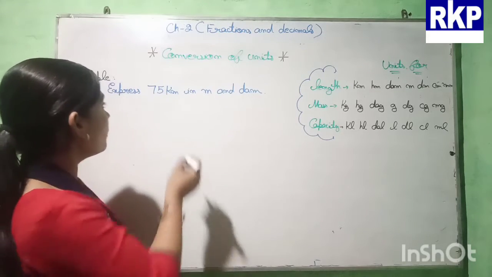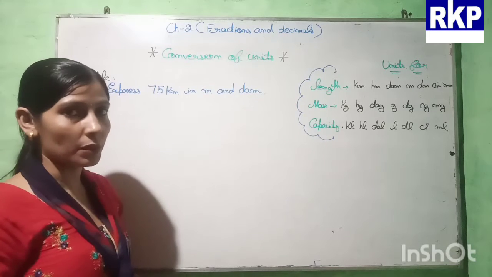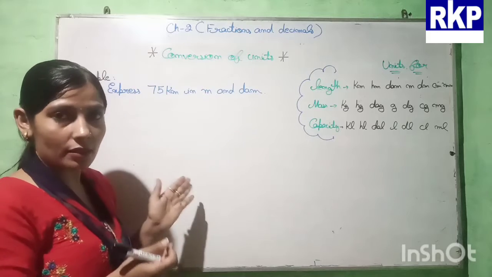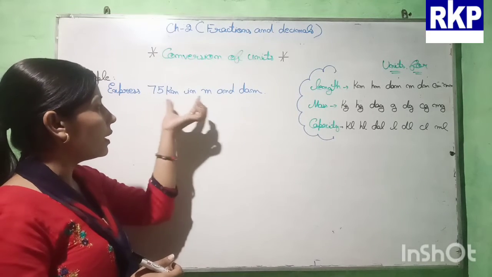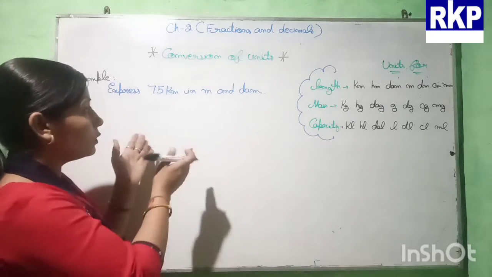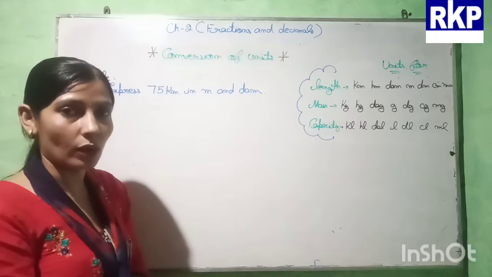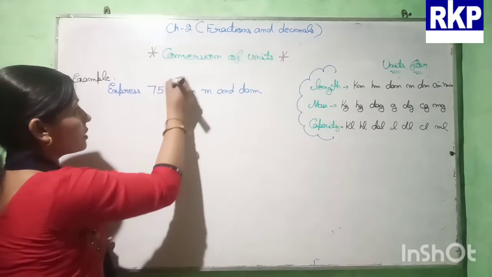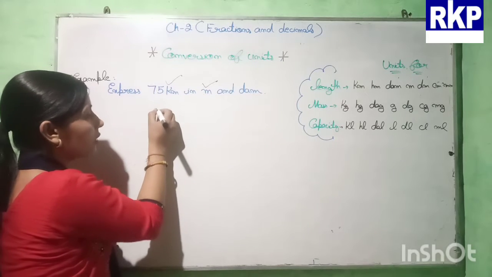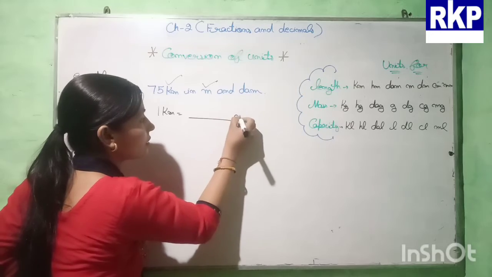Here we have to convert 75 kilometer in meter and decameter. So beta, first of all we have to write the relation between the given units. Here is given kilometer and here is given meter. So first we will write 1 kilometer is equal to dash meter.